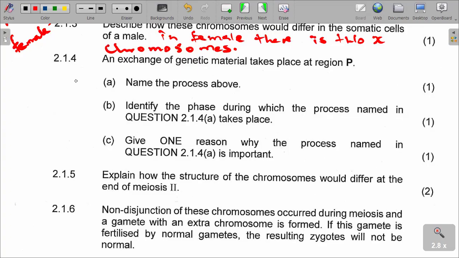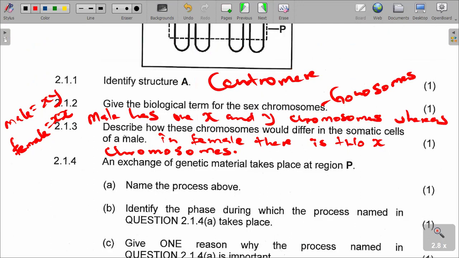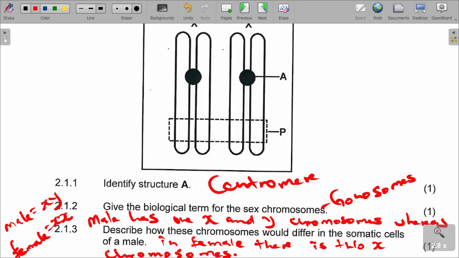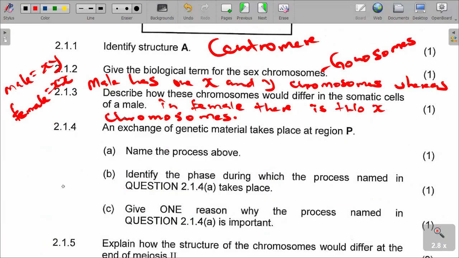If exchange of genetic material occurs, what do we call that? We call that crossing over.